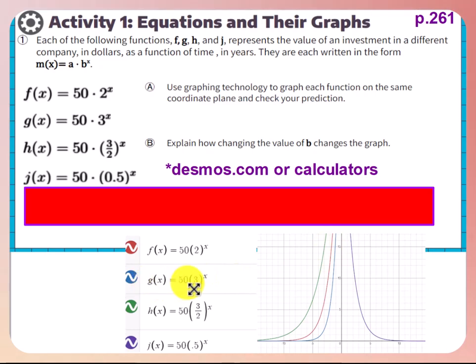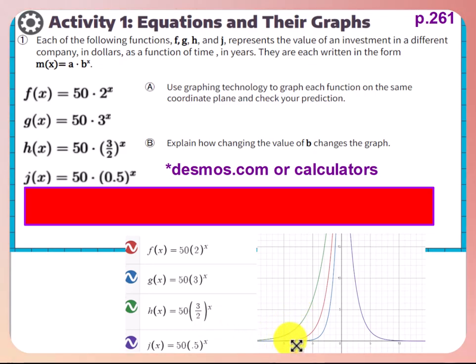Then g of x, we start out with 50, and then we're going to triple it each time. So that's going to be our blue line. H of x, we start out with 50, and then we multiply it by 3 halves. 3 halves is 1.5, so we're going to increase it or multiply by 1.5 each time. That's going to be our green line.